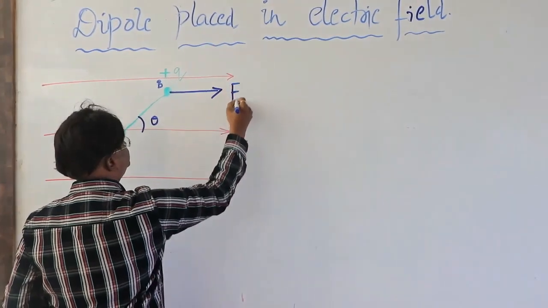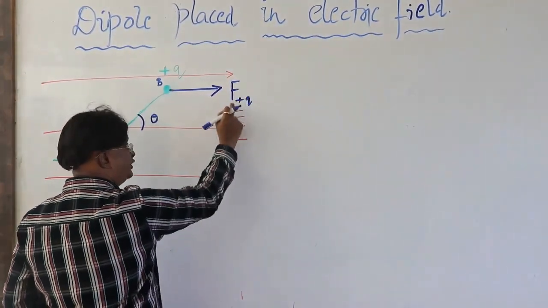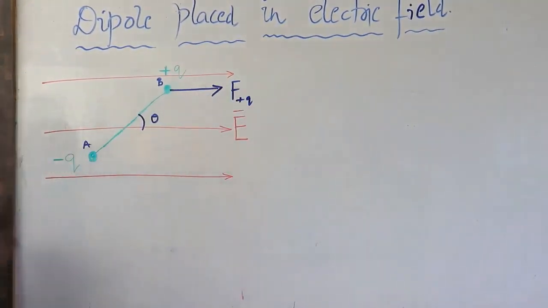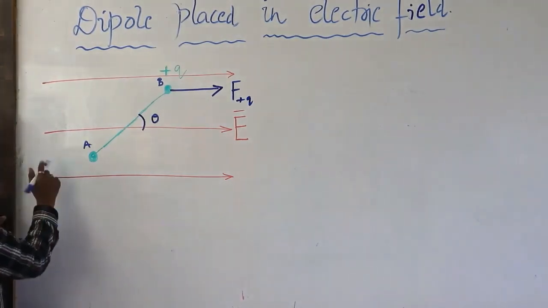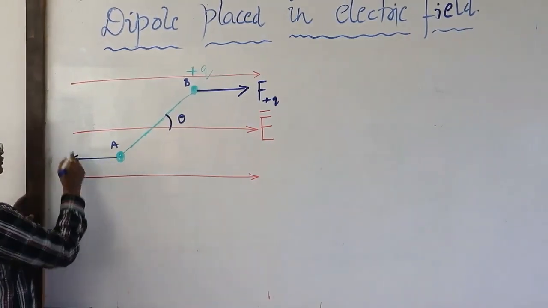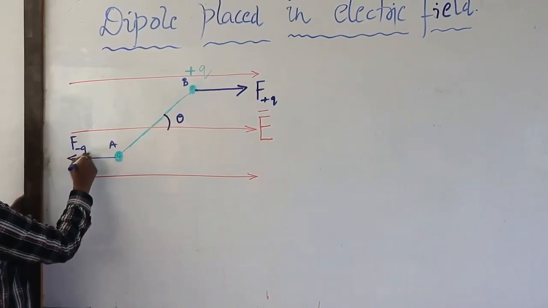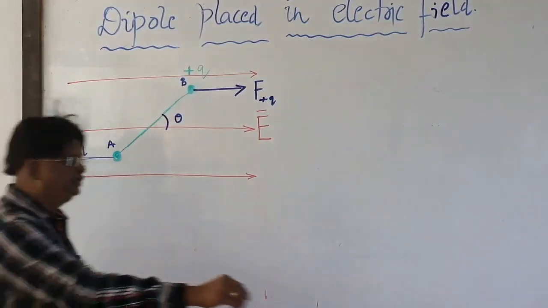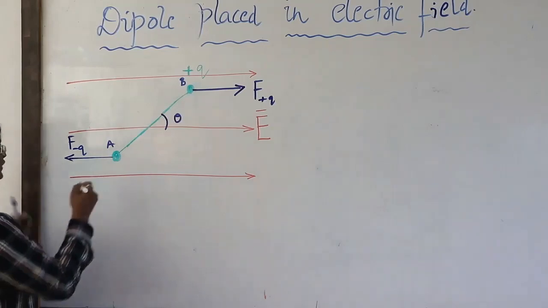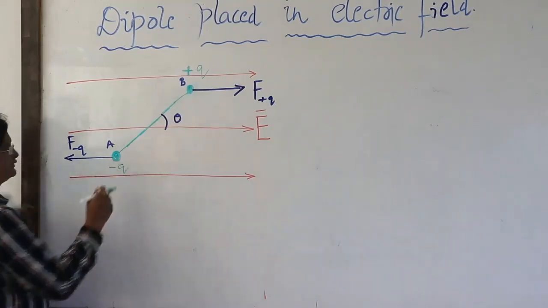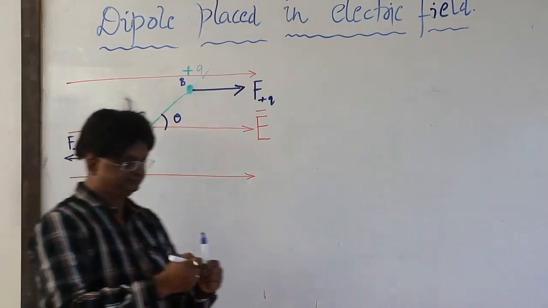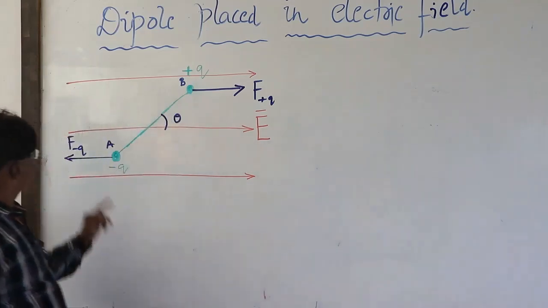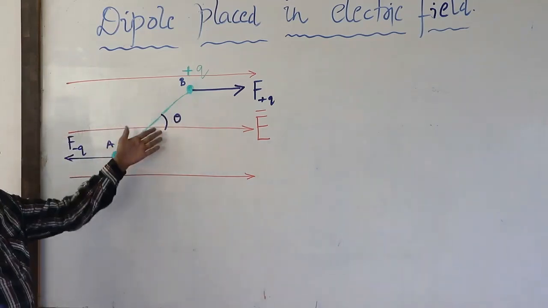This is force on the positive charge, and therefore this will be the force on the negative charge. Remember, whenever we are taking the case of electric field, we consider it as a large space. Now these are the two forces that are experienced.